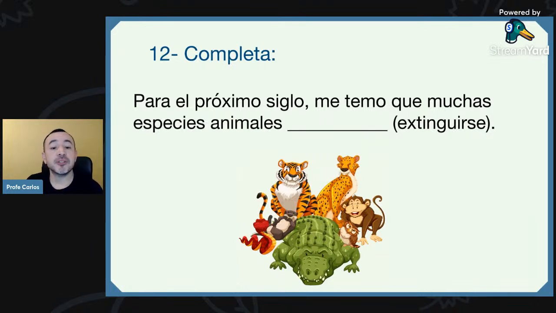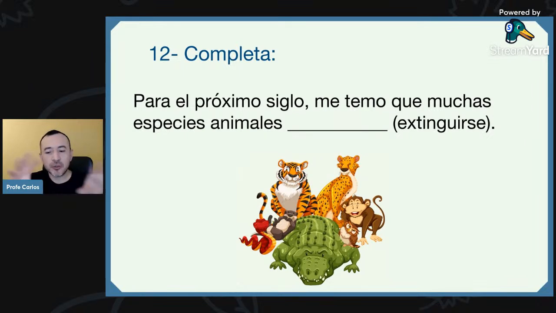Para el próximo siglo, me temo que muchas especies animales. Now, here we need three components, right? We need the auxiliary that you're going to use. You know how to use it. We need the past participle. And because this verb is reflective, where are we going to put that se?